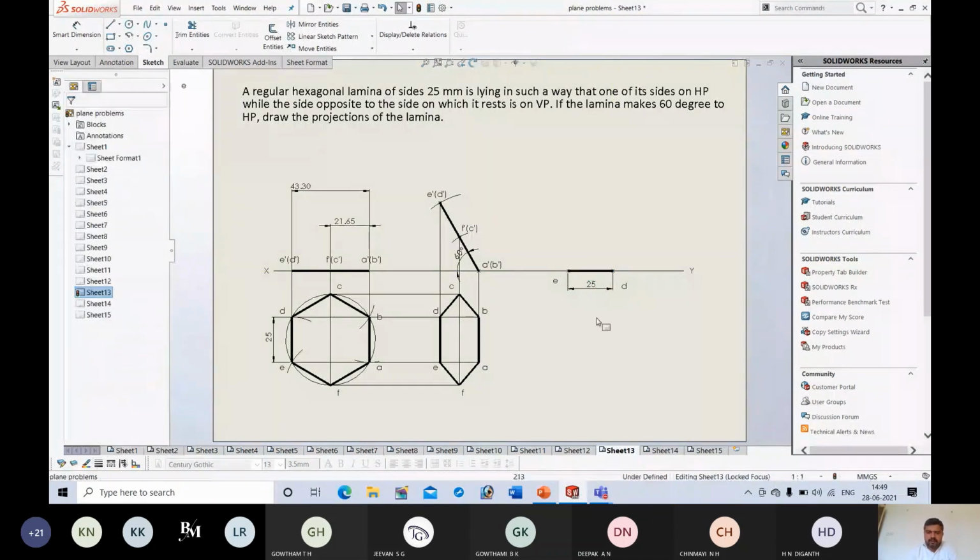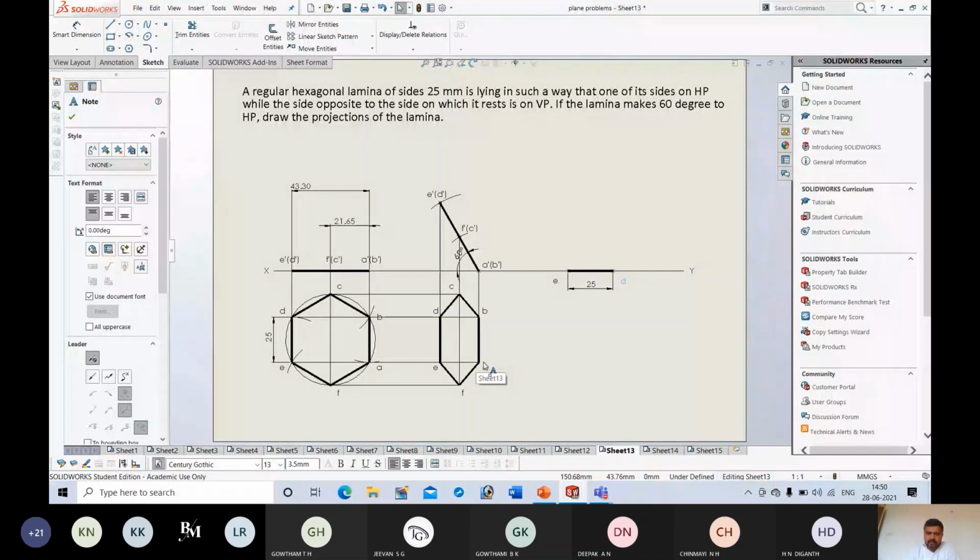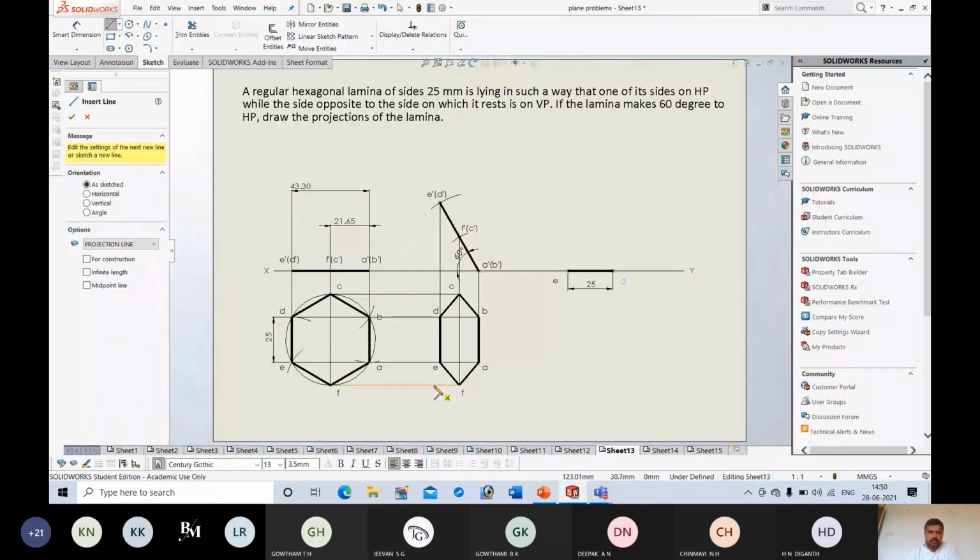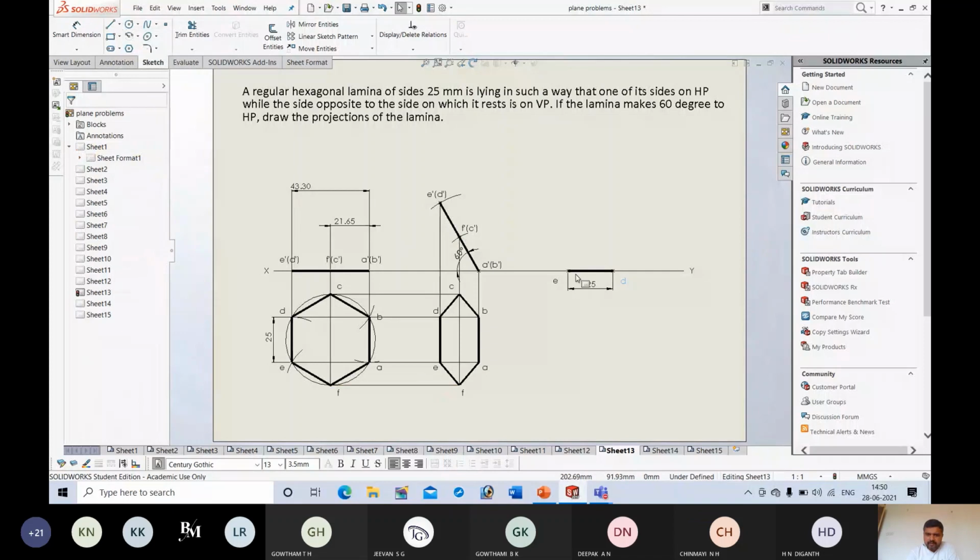Okay, so after drawing line DE on the XY line, next try to get the remaining points. If you know E and D, by drawing two arcs you can get A and also B. But there is one more method. Instead of drawing two arcs, initially you can draw two perpendicular lines.